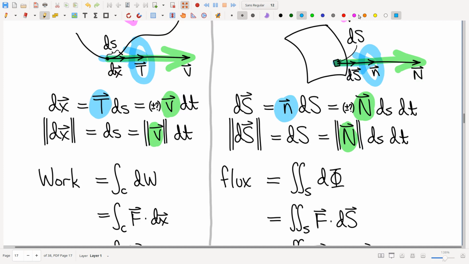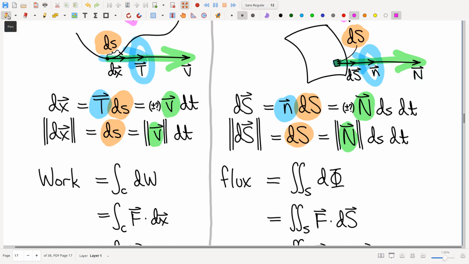Okay, continuing. There's the ds scalar telling you how big that piece of curve is. There's the ds scalar here telling you how big that piece of surface is. Both showing up analogously in the algebra. All right? I mean, the analogies just keep coming.